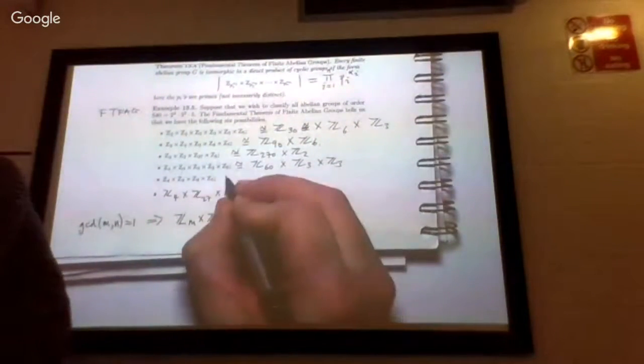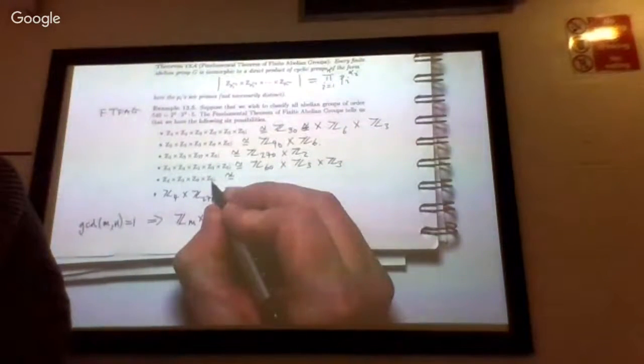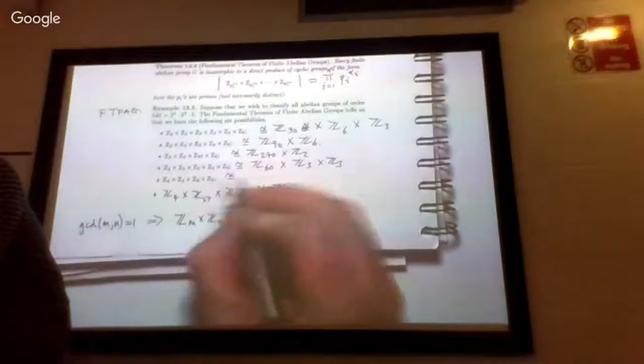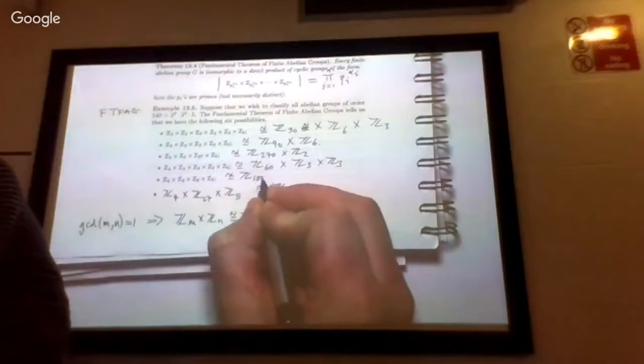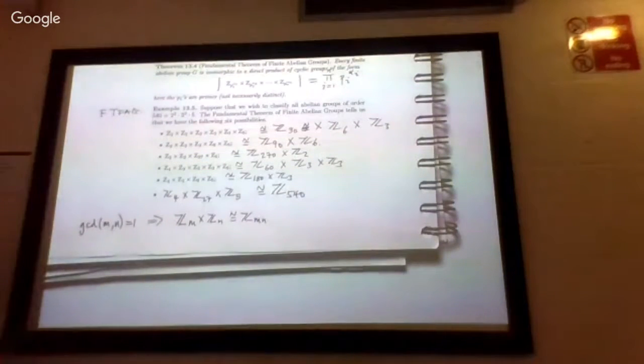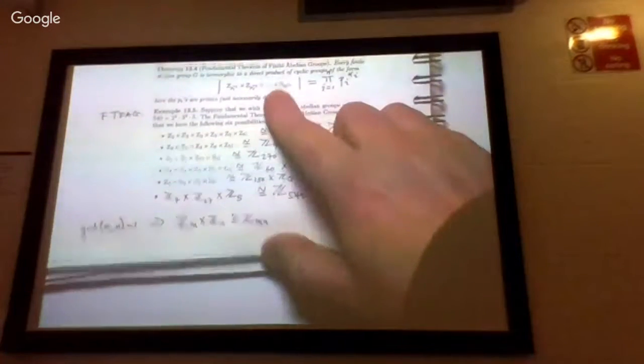The last possibility, I can take Z5, Z9, Z4, so it's 20, Z9, Z180. It's just a Z3. So this is just an alternative way of looking at it. This is not the way that the theorem is expressed.